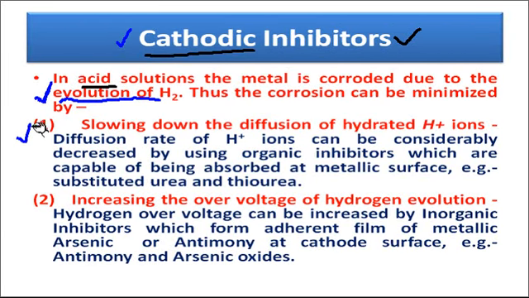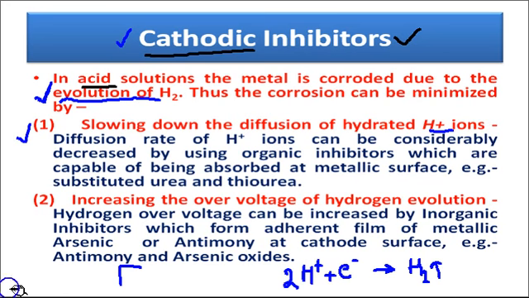First, by slowing down the diffusion of the H plus ion. We know in the cathodic reaction, if the medium is acidic, these hydrogen ions combine with the electrons and form hydrogen gas. So this is the cathodic reaction in the acidic medium. If we want to minimize this reaction, we can do two things.